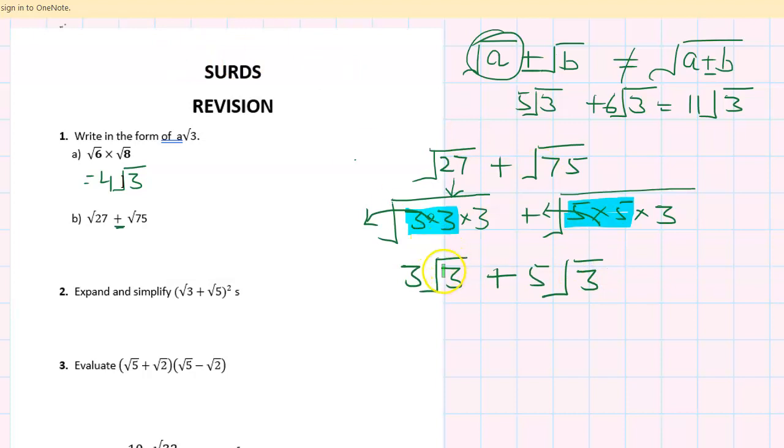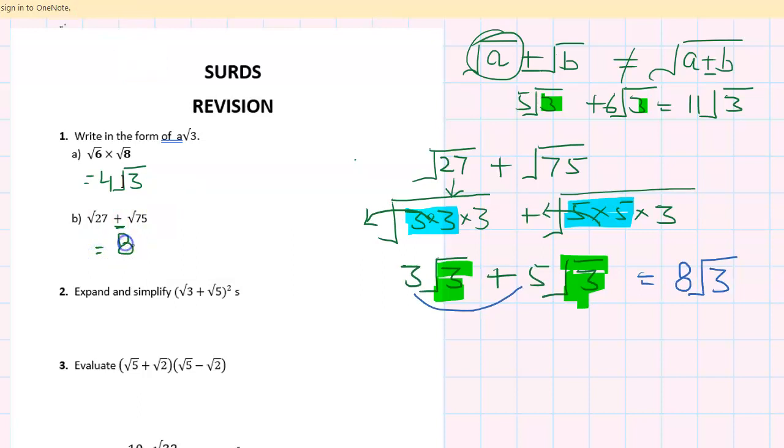Now as you can see, the root is common, the way I told you here. So now we add 3 and 5, that is 8 root 3. So the answer of this question will be 8 root 3. So here A is 8.